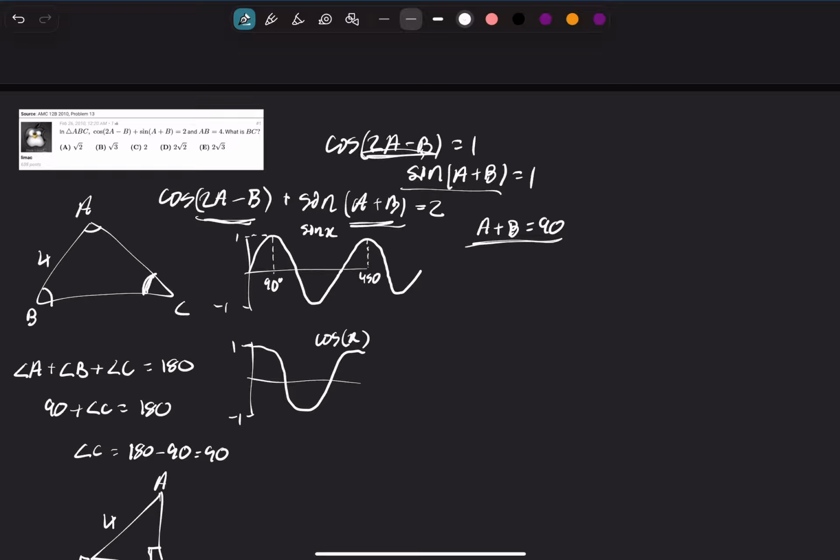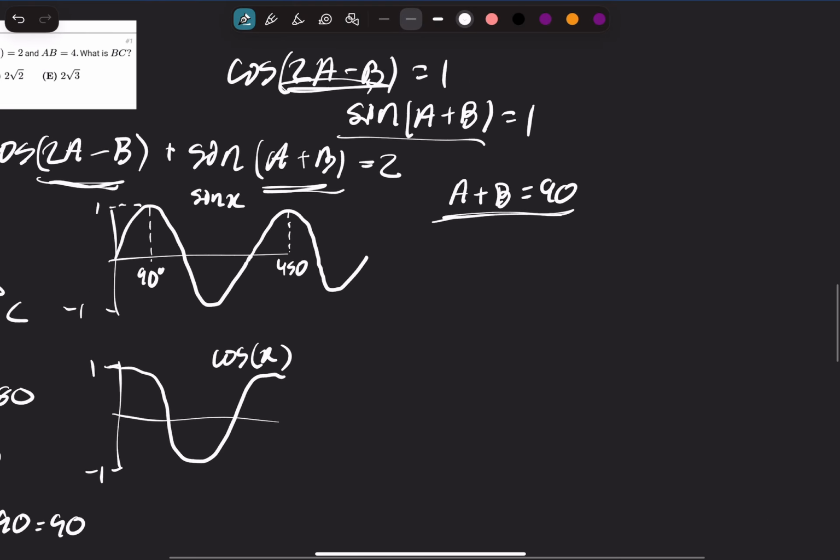Now, if we look at the cos graph, where cos of an angle could be 1, it could be here at x equals 0. So at x equals 0, cos of x equals 1, or cos of 0 equals 1, right?